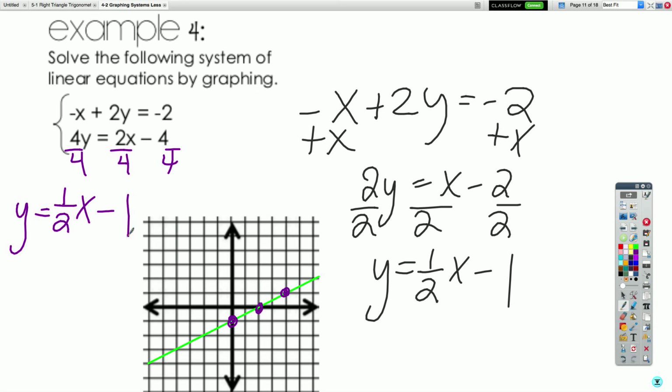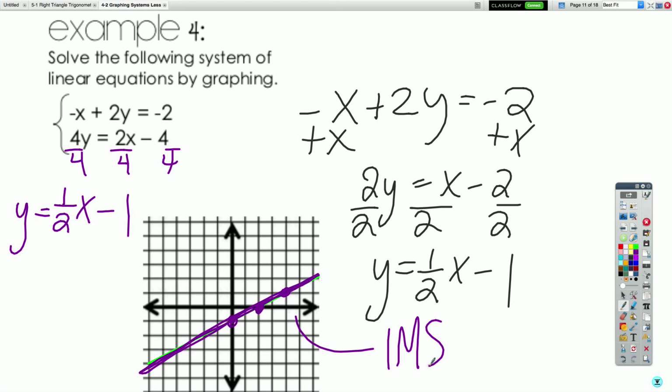Okay, so if you go to graph that, it's going to be right on top of this, right? So the solution is, you can't say where they're crossing. They're crossing everywhere. So for the solution, they put, I think, I and S on the front of yours. What's the other option that we might say?